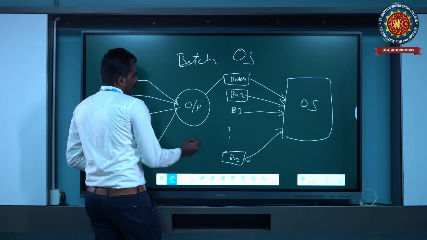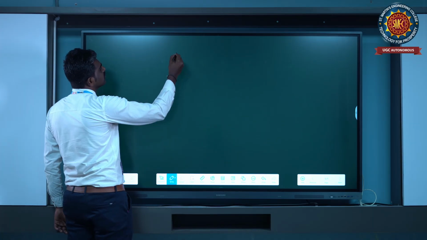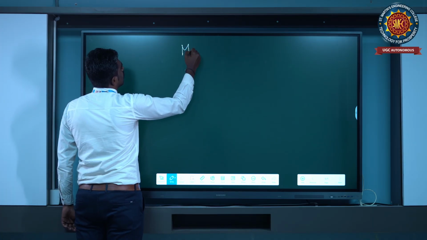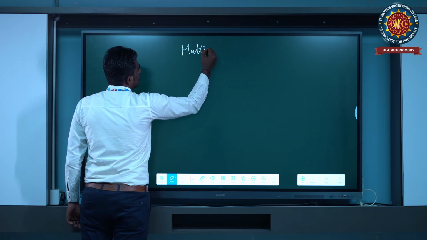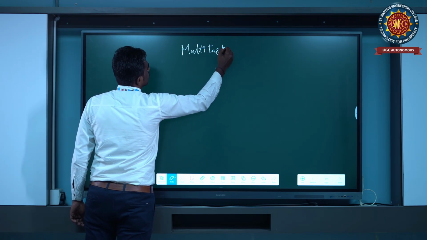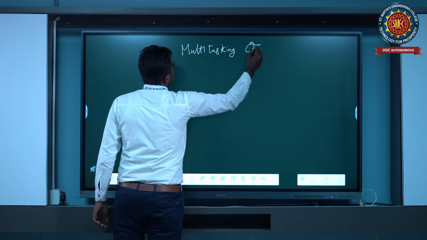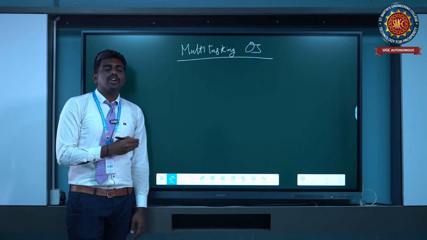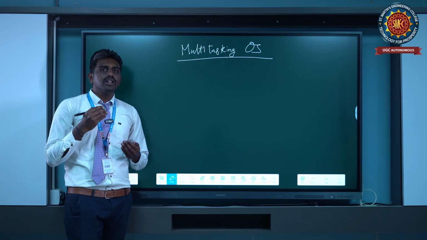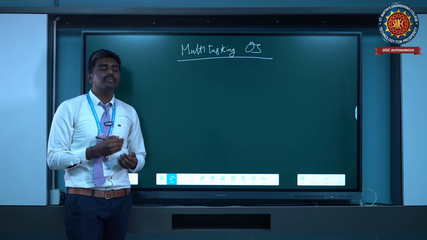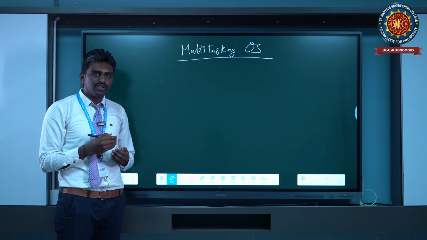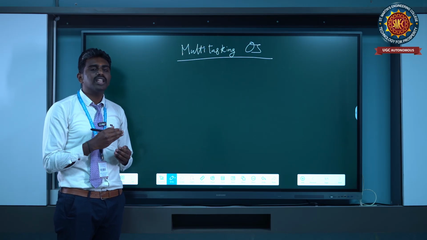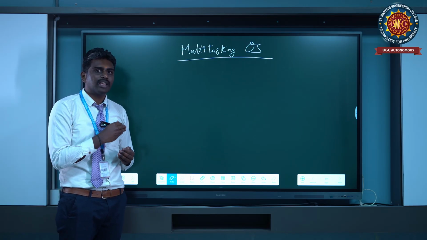And next we see about the multitasking operating system. Multitasking means that in this operating system, multiple application software is performing at the same time.